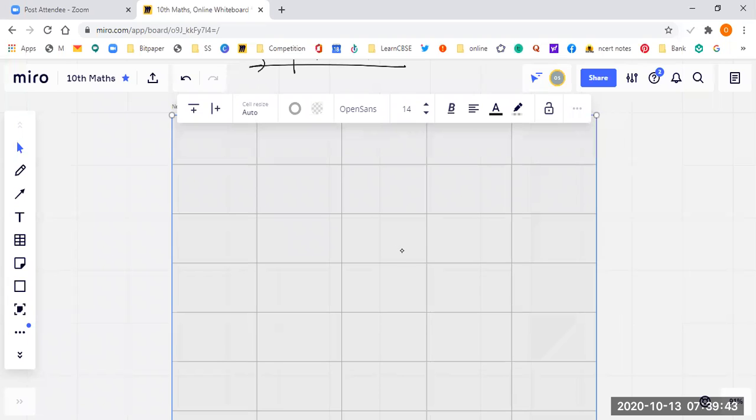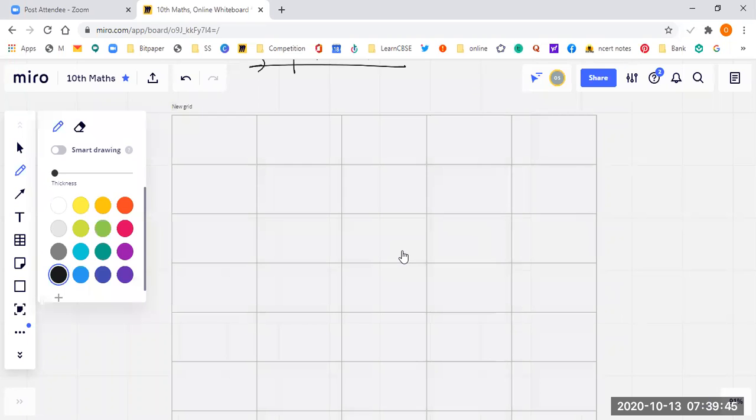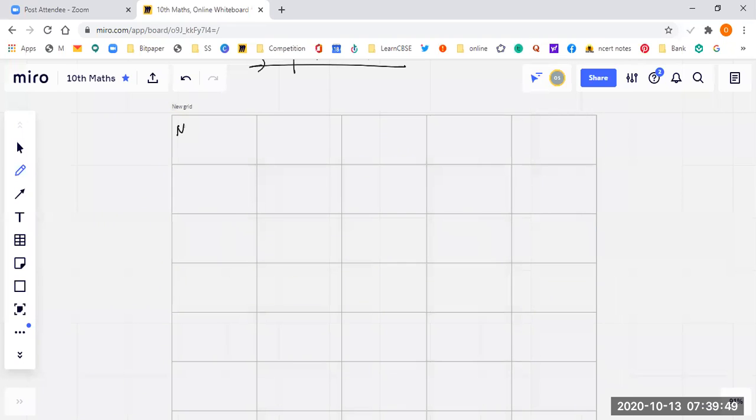Yes, students, another question we have. Now here you see that this is the number of plants. Number of plants is given. This is known as class interval.